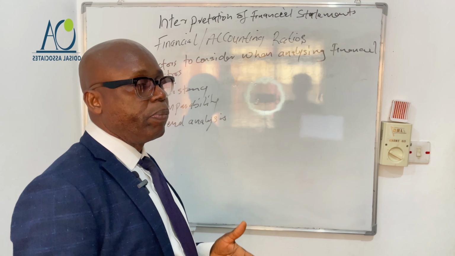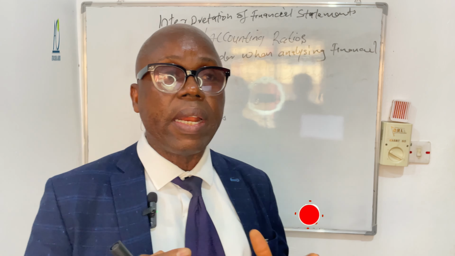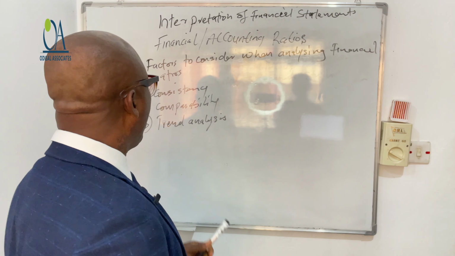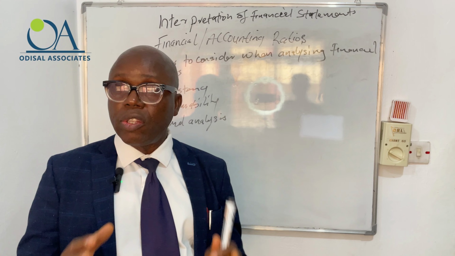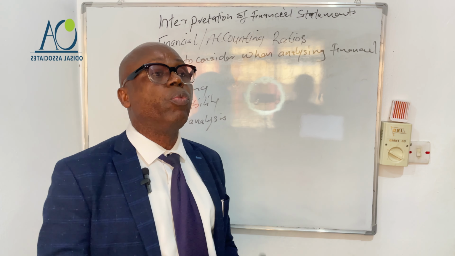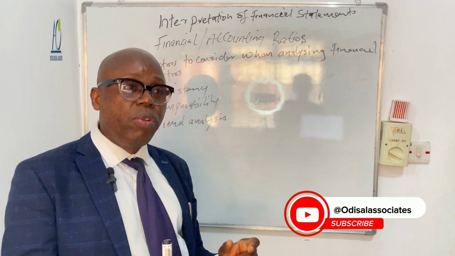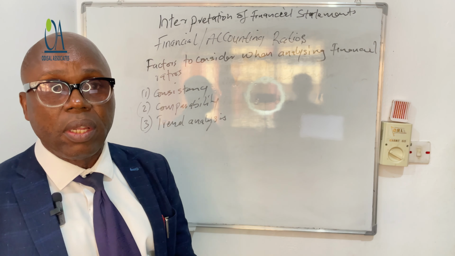Considerations when analyzing financial ratios. These factors must be put into consideration at any point in time that you want to analyze a financial statement using financial ratios. One is consistency. You must think about the method you are using and be consistent with it. And then your source of data should be genuine. You must ensure that you are getting your data from the right source.